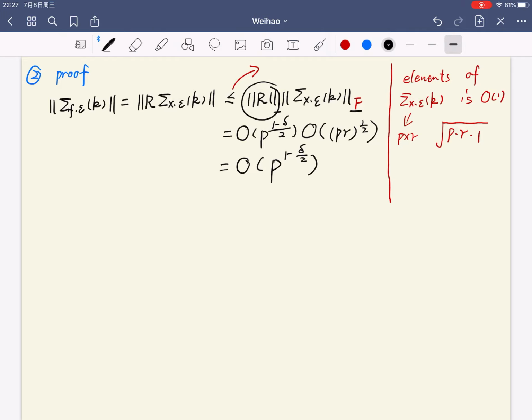Lemma 2 is about the population version, and lemma 3 gives the rate of convergence for the sample version minus the population version. We have the following result.